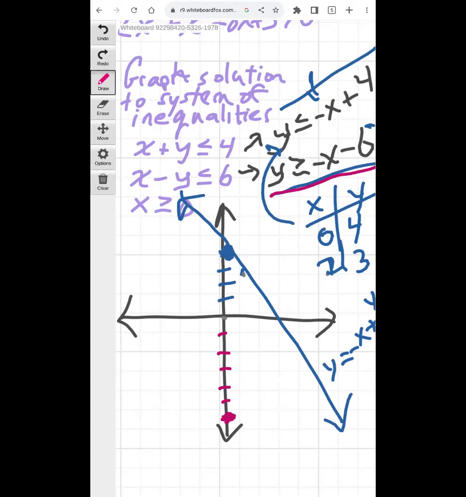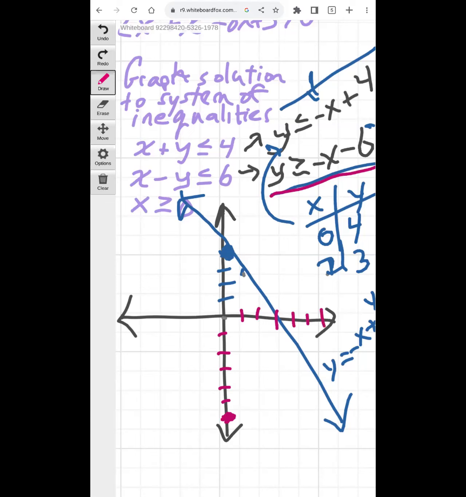Say x is 6, then y is going to be negative 12.